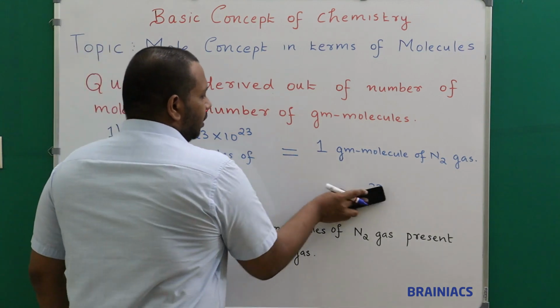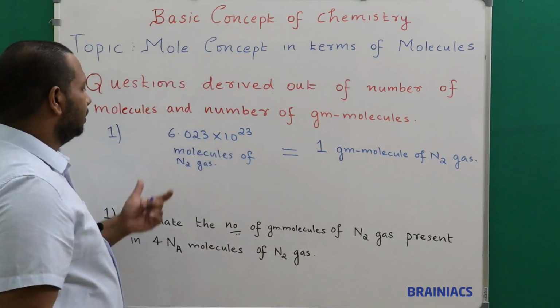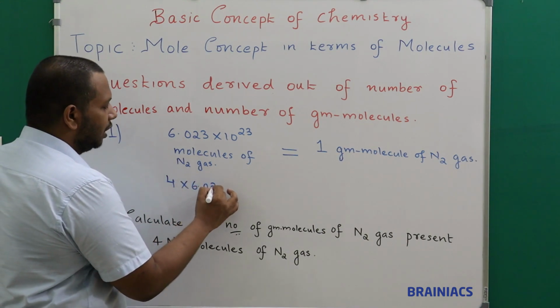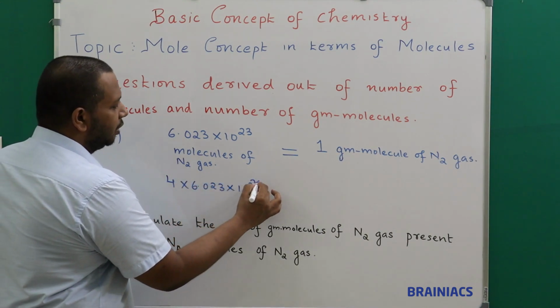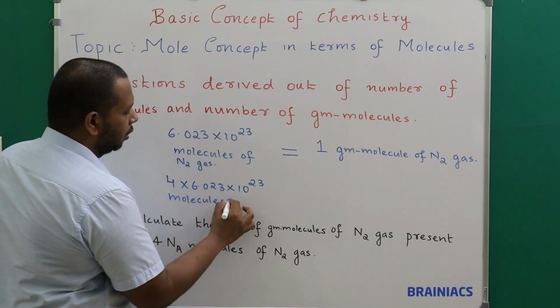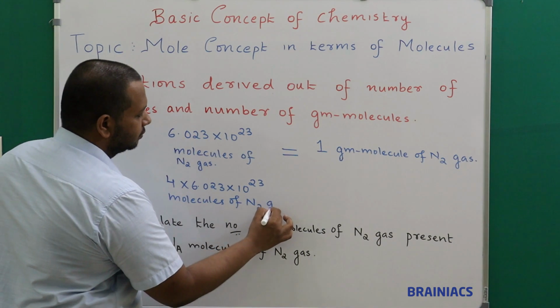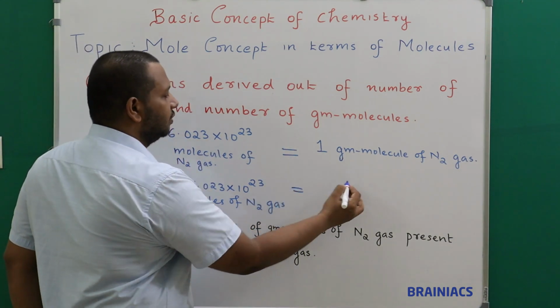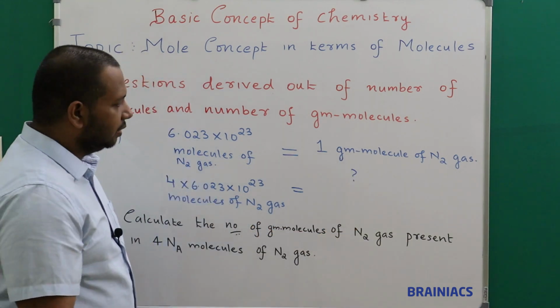So now we know that what they have given is 4 into 6.023 into 10 power 23 molecules of N2 gas. They have given this and are asking you to calculate the corresponding value.